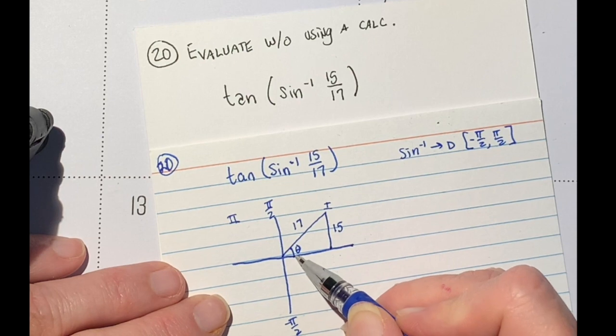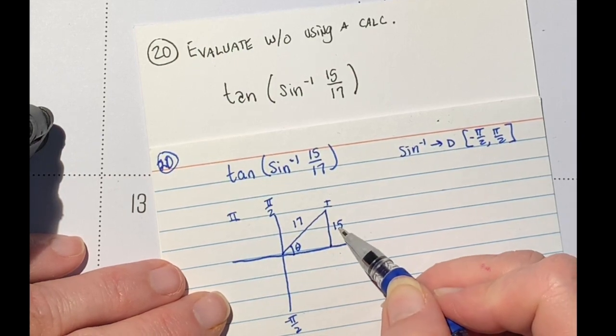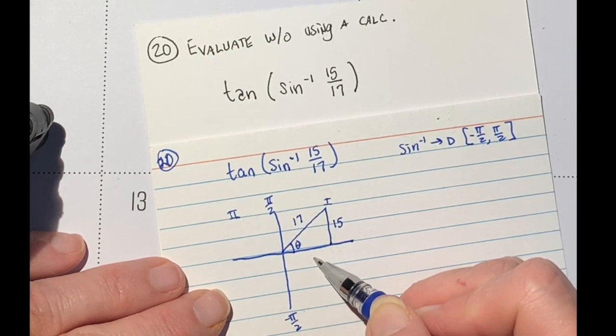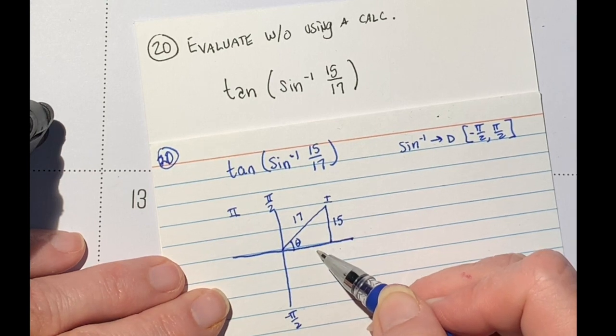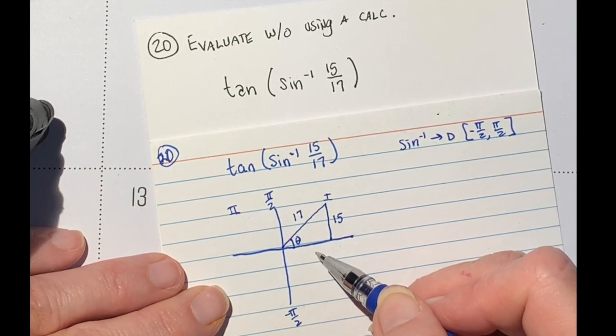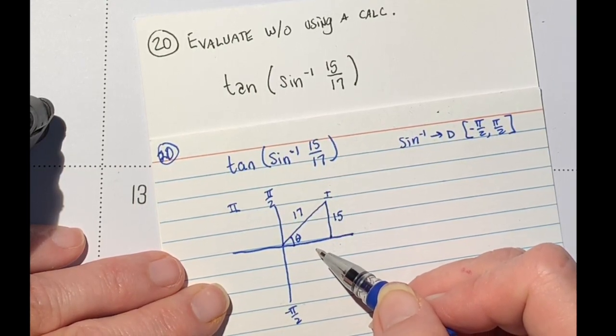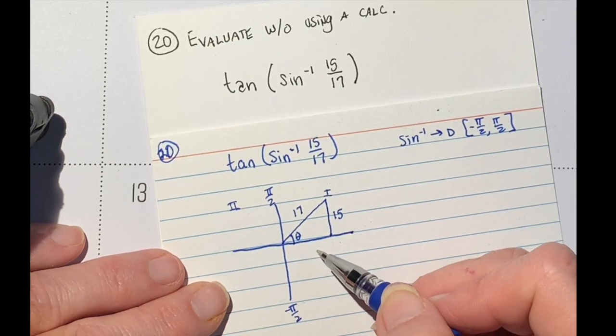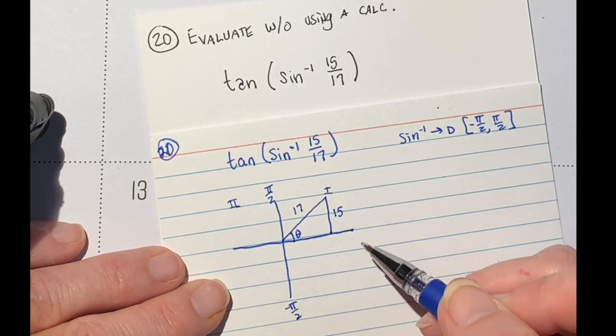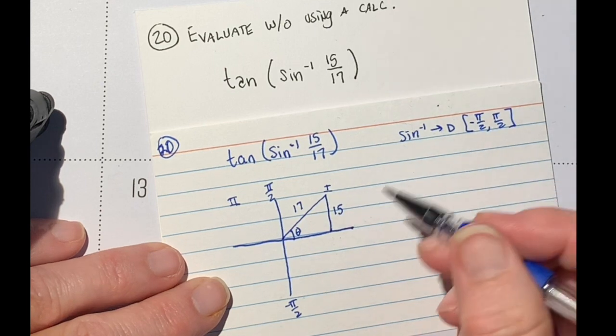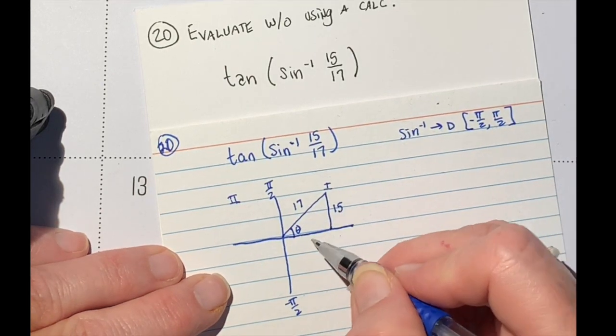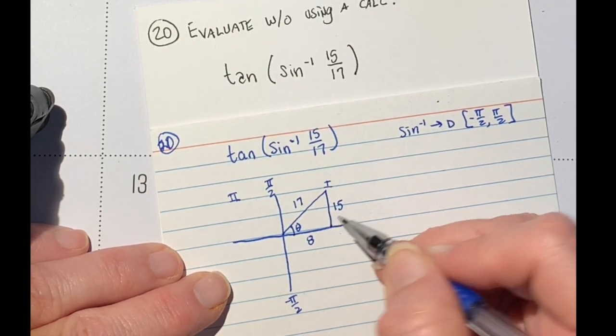So the tangent of this angle, well, tangent is opposite over adjacent. I don't have the adjacent side. So I would have to find the adjacent side to be able to answer this question. If you know the Pythagorean triple 8, 15, 17, you don't have to do it. If you don't, no big deal.